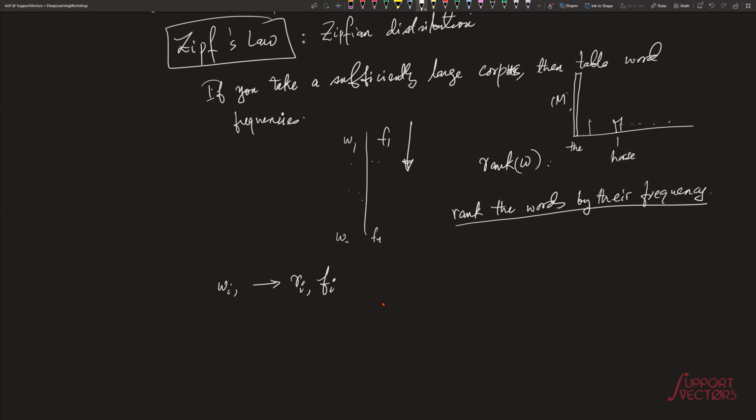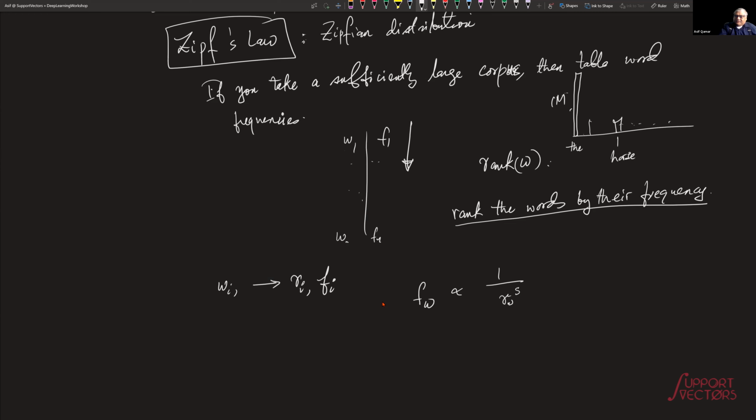Yes, sir. So then there comes an interesting rule. It says that the frequency of a word is inversely proportional to the rank of the word, up to a power s.